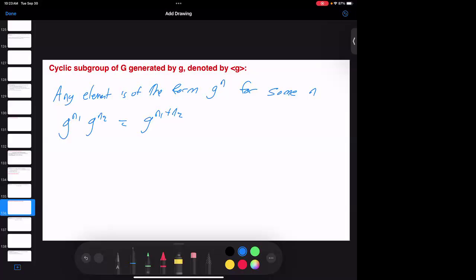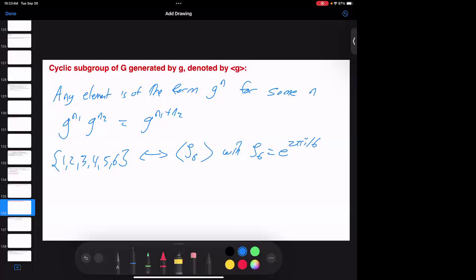And so we saw an example of this with the set 1, 2, 3, 4, 5, 6, and the group generated by zeta 6, e to the 2 pi i over 6.